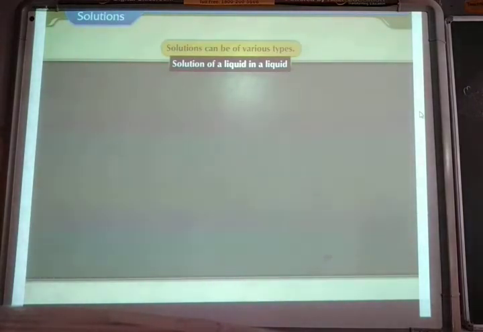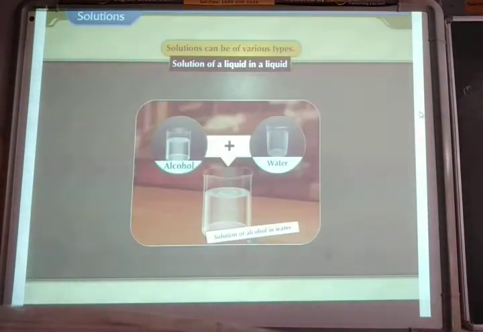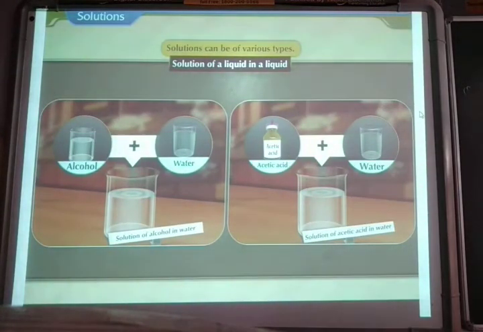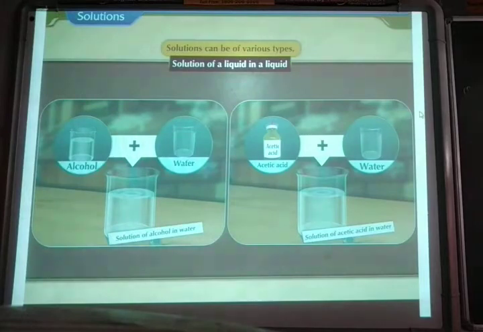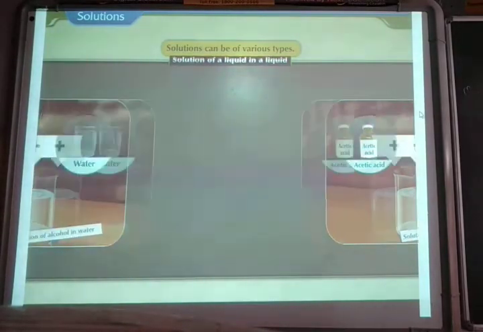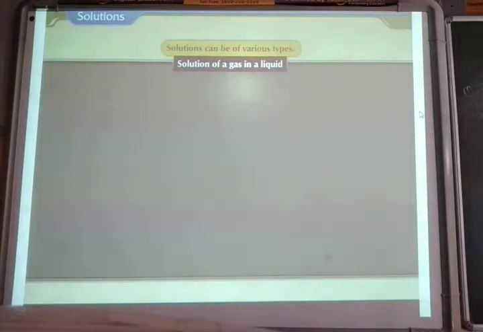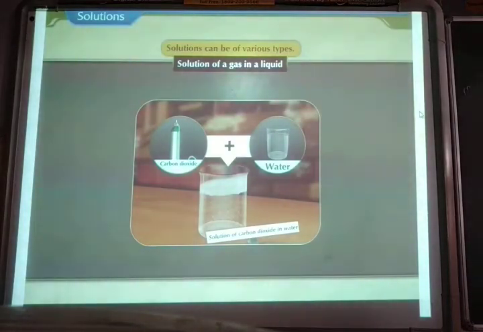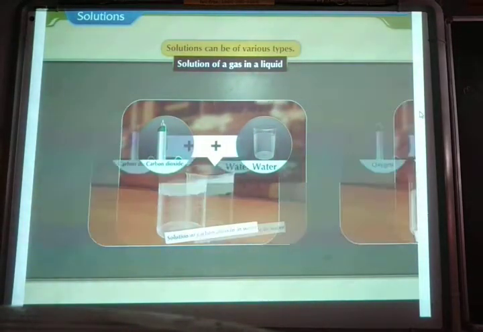Solution of a liquid in a liquid. A solution of alcohol in water, a solution of acetic acid in water are both examples of this type of solution. Solution of a gas in a liquid. Soda water is a solution of carbon dioxide in water.